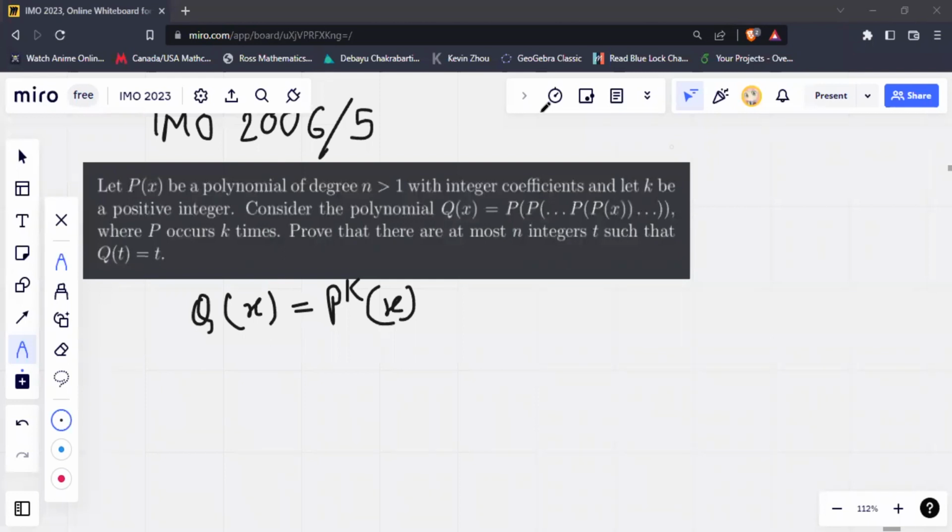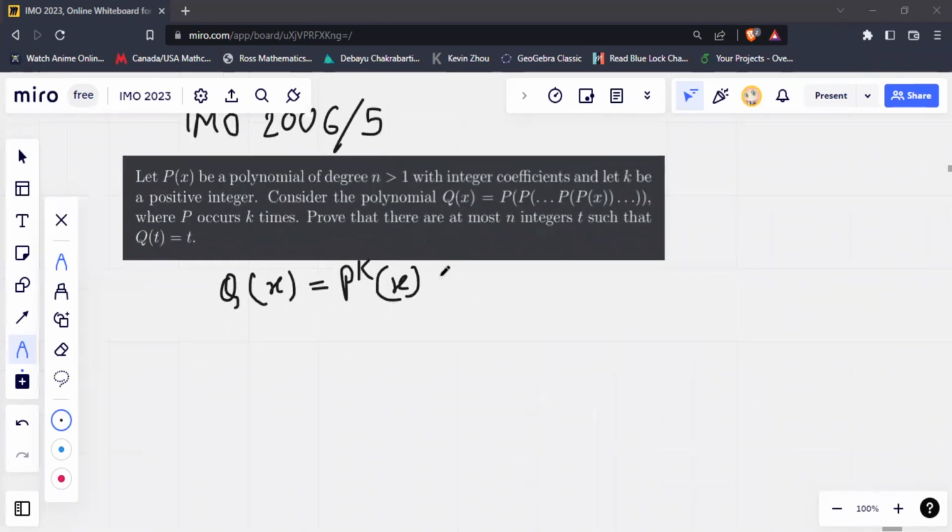Yes. Aditya, Anand, Animika, Anurag, is it clear? Yeah, it is. Okay, cool. So do you have any ideas?